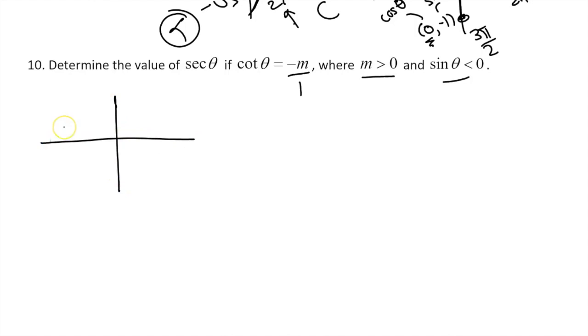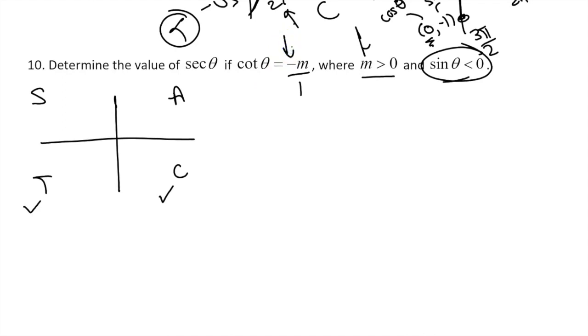So we draw our quadrants and we fill in our CAST. And we see that, well, sine is less than 0. So sine is either going to be in quadrant 2 or quadrant 3. And it's saying the value of m is greater than 0. So that means m could be something like 1, 2, 3, any sort of positive number, but it's being multiplied by a negative sign.